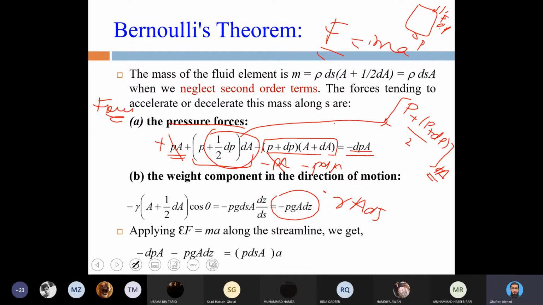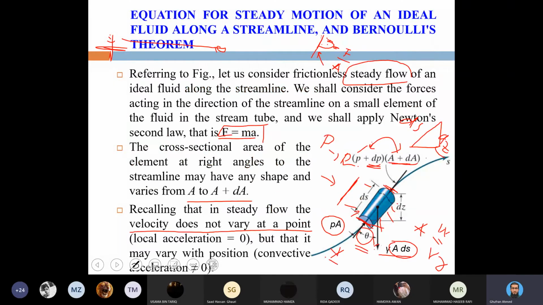If we consider its component, then it is basically gamma A plus half dA. Here the area is A at the bottom, and at the top the area is A plus dA. So we just took the average of this so that we have the area at the center.